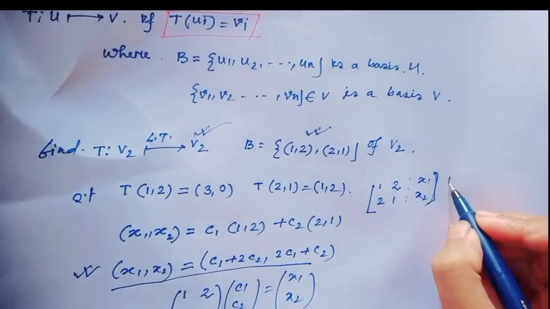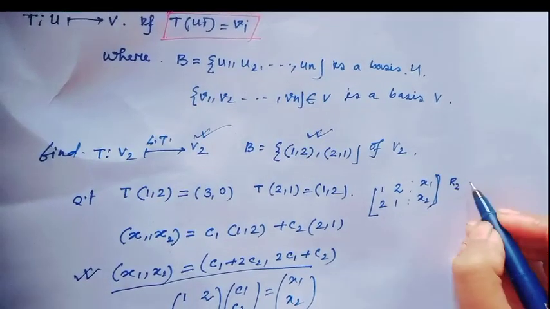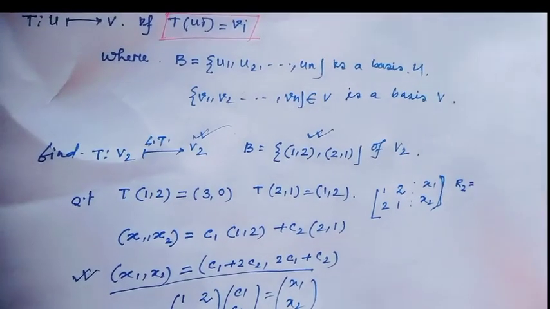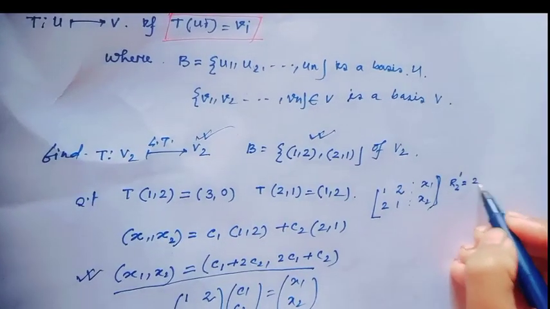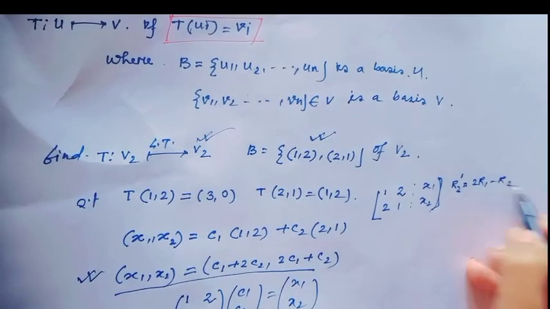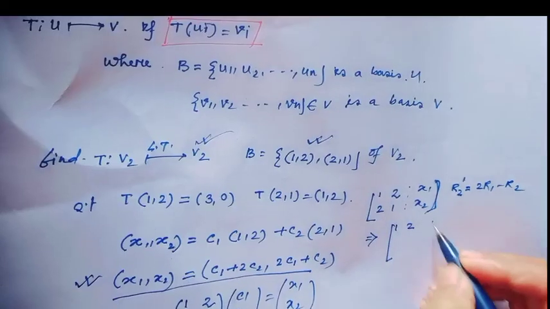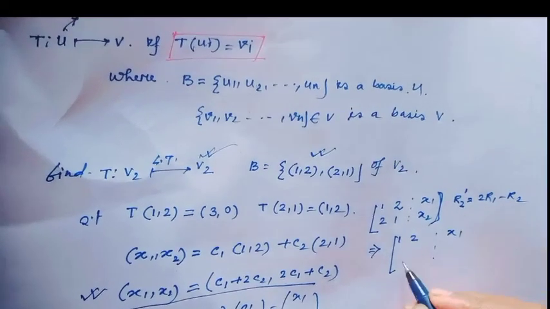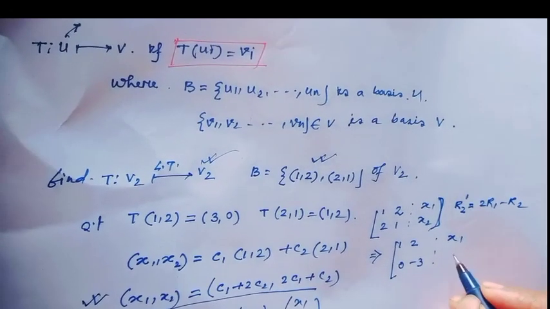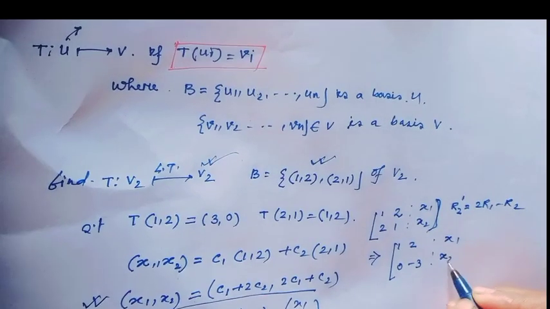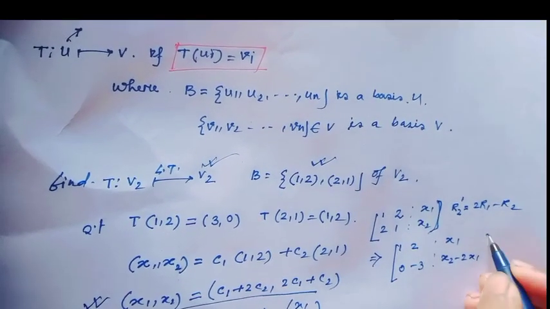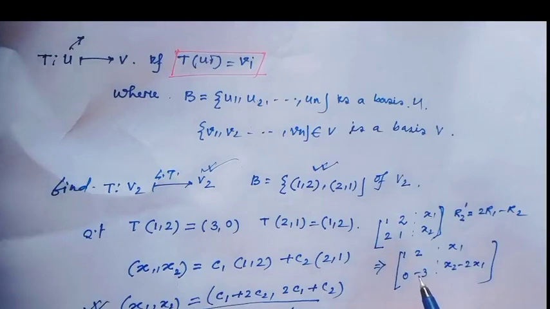After row reduction, with R2' equal to 2R1 minus R2, we get [1 2 | x1; 0 -3 | x2 minus 2x1].